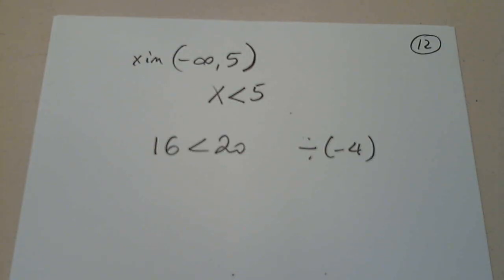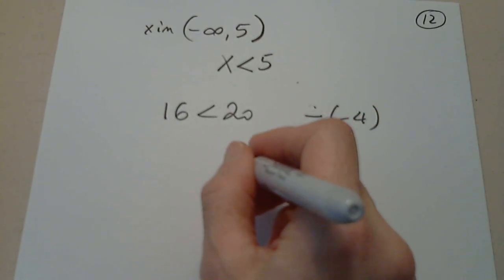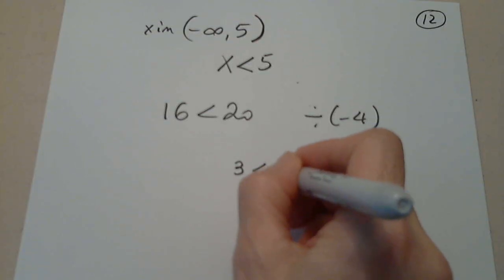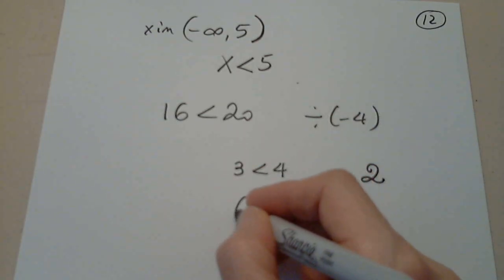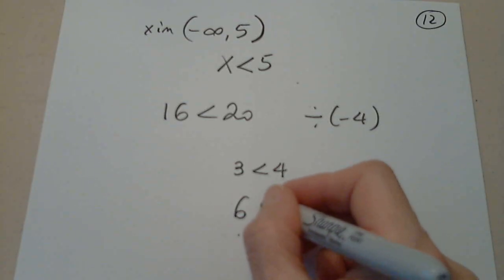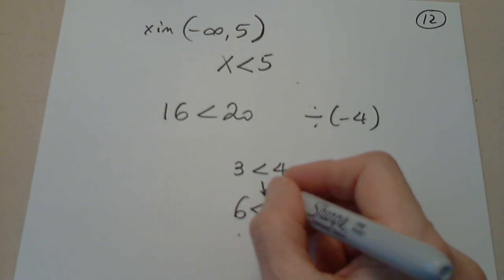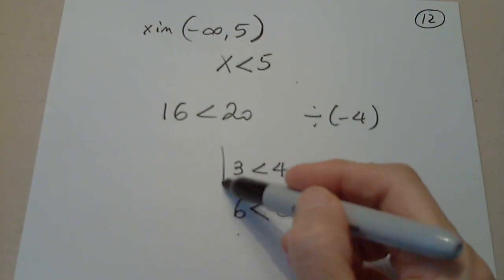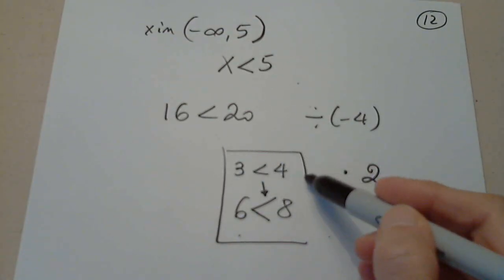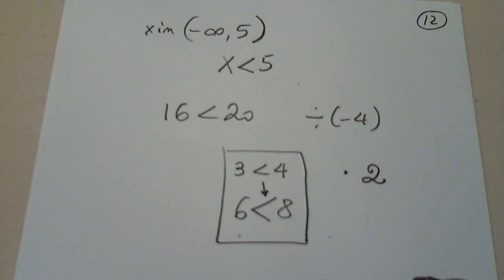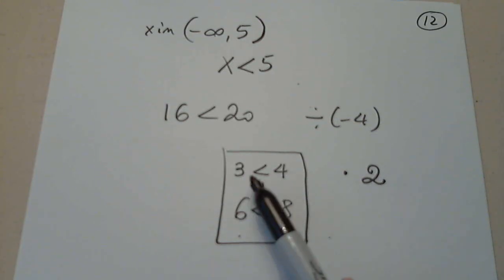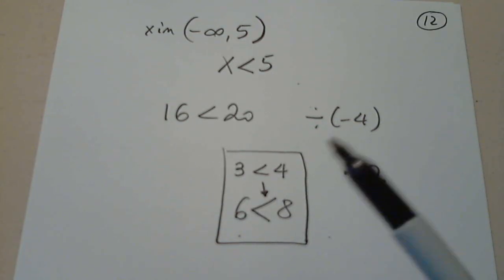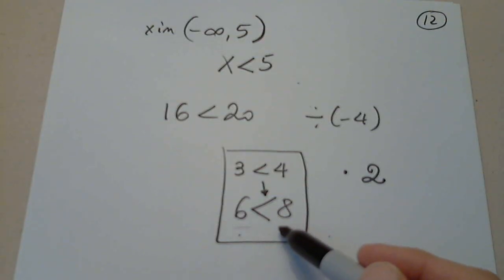If I have, for example, 3 less than 4, and I decide to multiply both sides by 2, 3 times 2 is 6, 4 times 2 is 8, the inequality symbol does not change. So whenever I multiply or divide both sides of an inequality by positive numbers, nothing changes other than the multiplication or division. So 3 times 2 is 6, 4 times 2 is 8, and the sign is still true.